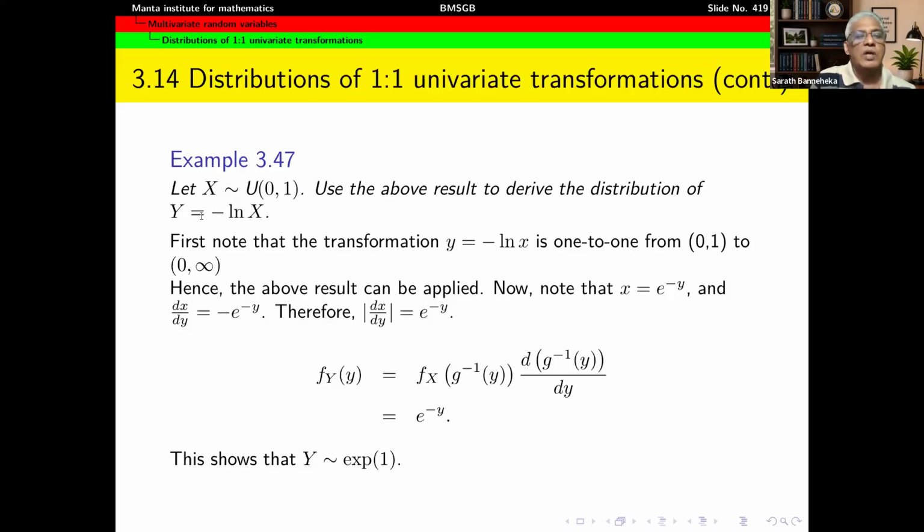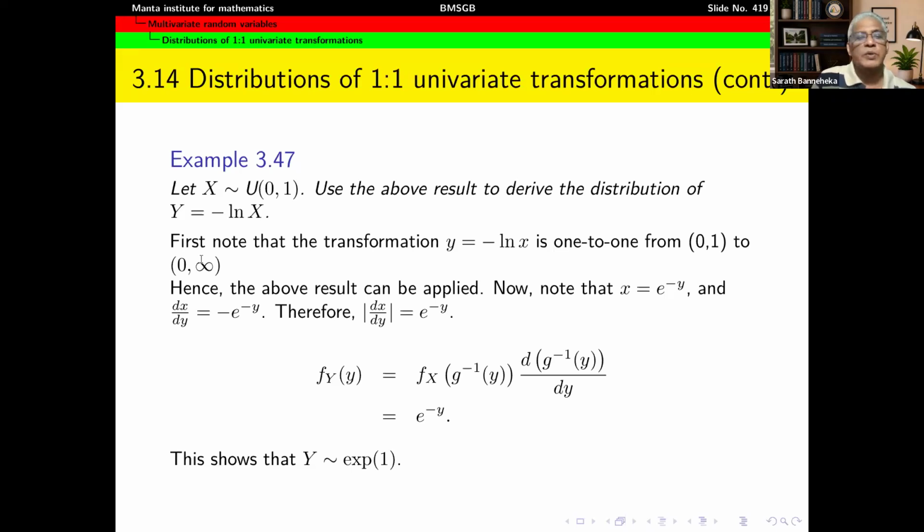Then negative log X takes values in 0 to infinity, positive values including 0 because log 1 is 0. Also notice that this is a one-to-one transformation from the interval 0, 1 to the interval 0 to infinity.